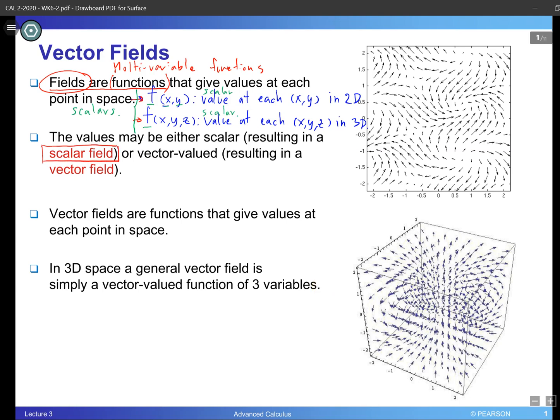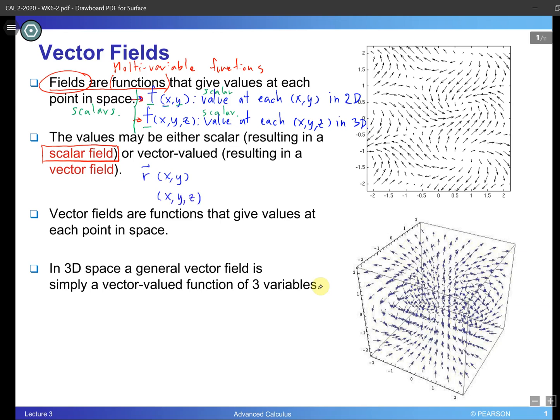Now it turns out that we don't have to assign a scalar to each location. We can assign a vector to each location as well. So let's take a look here. At each location x, y, instead of using a scalar, we can assign a vector to that location, and I'm going to call that r. And same with three-dimensional space x, y, z.